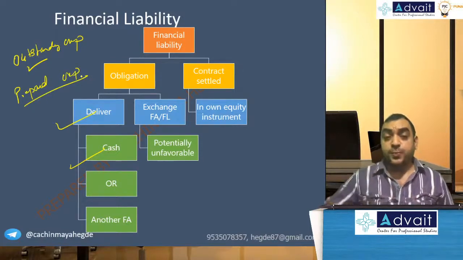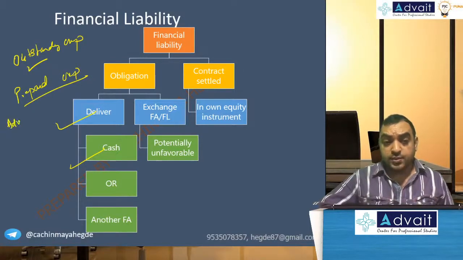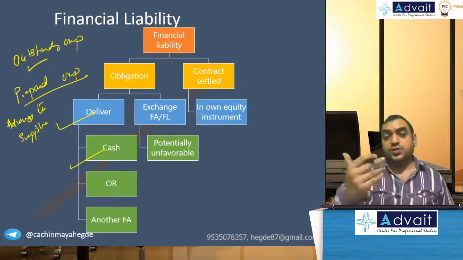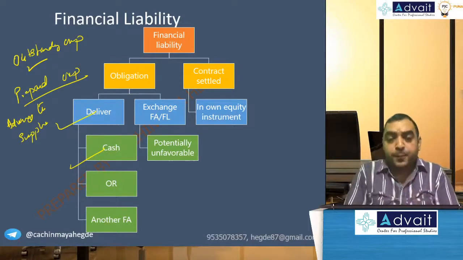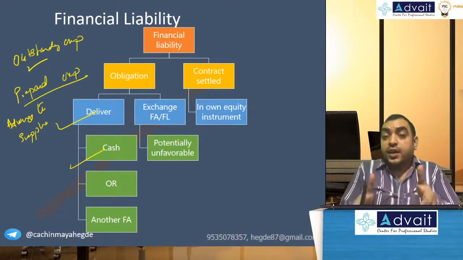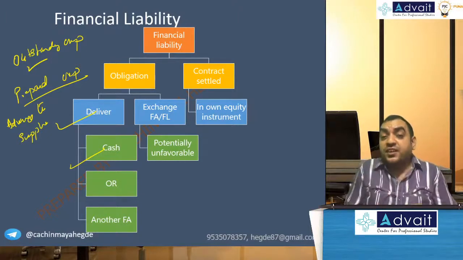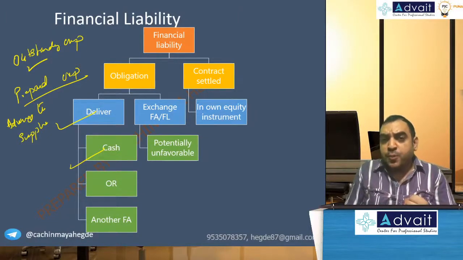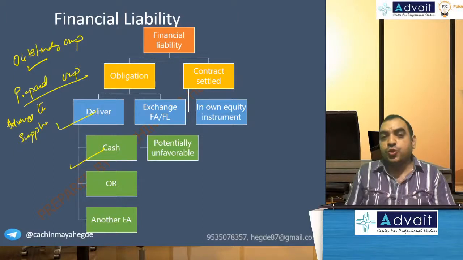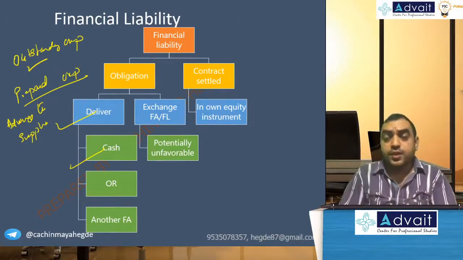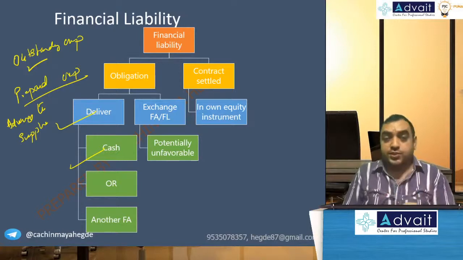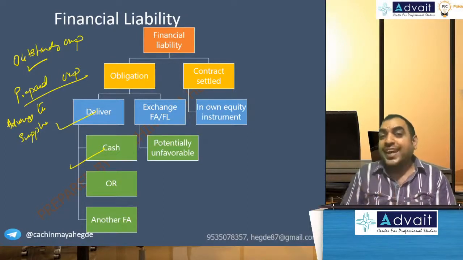When you have prepaid expense, or even say advance to supplier, insurance prepaid, in these cases you have benefit, no doubt about it, but how will you realize the benefit? Will you realize the benefit in the form of cash? The answer is no. When you provide advance to supplier, you have right to receive goods, not cash.